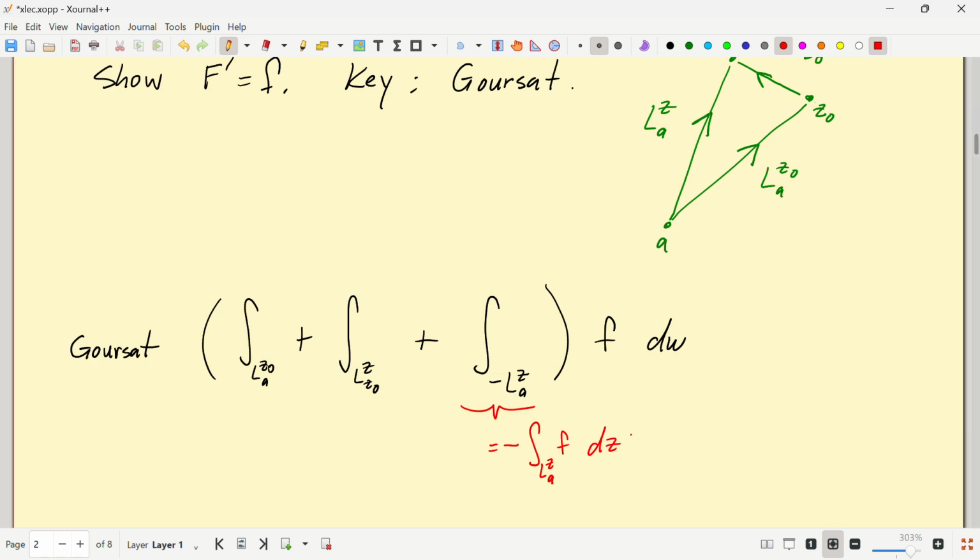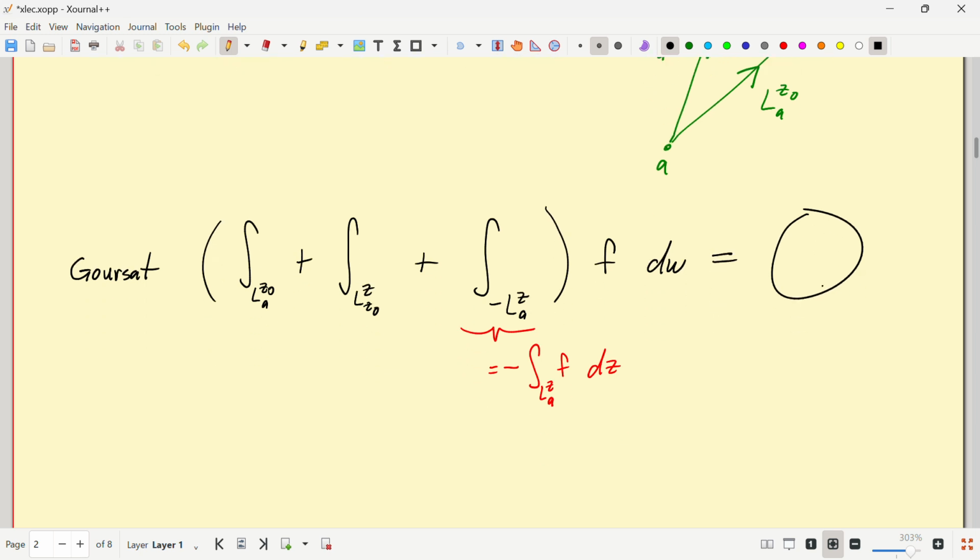And that's a big fat 0. Okay, and this integral from a to z naught is capital F of z naught, and this other one is minus capital F of z.